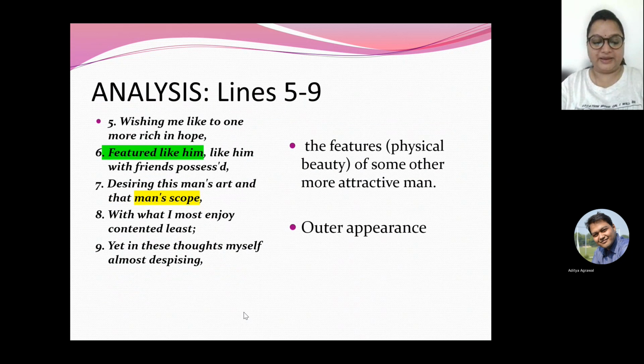Okay, next five to six lines: wishing me like to one more rich in hope, featured like him, like him with friends possessed, desiring this man's art and that man's scope, with what I most enjoy contented least, yet in these thoughts myself almost despising. Featured means features or physical beauty of a more attractive man, and scope means outer appearance.